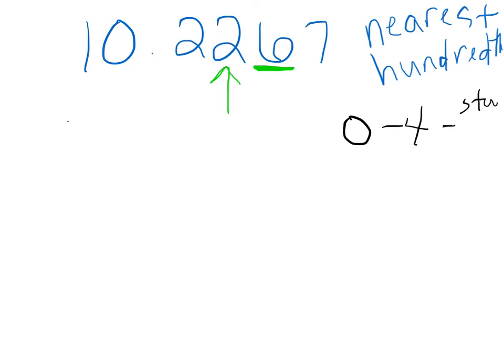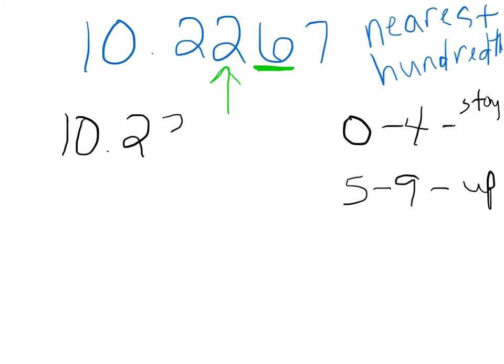The digit is going to stay the same. And then if I have 5 to 9 groups, my digit is going to round up. We're going to round up because it's closer to another group of 10. So if I'm taking a look at the 6, that 6 falls into this 5 to 9 group. So now my rounded number is going to be 10 and 23 hundredths, because this 6 right here tells me that I could round up to another group of hundredths.